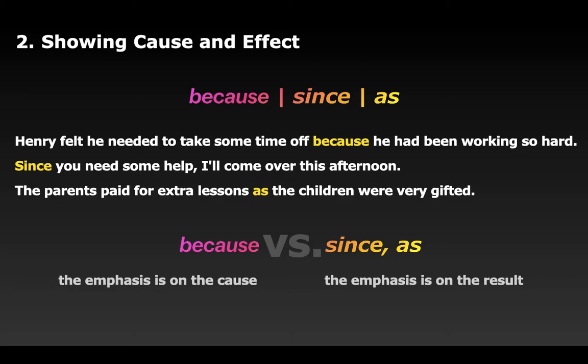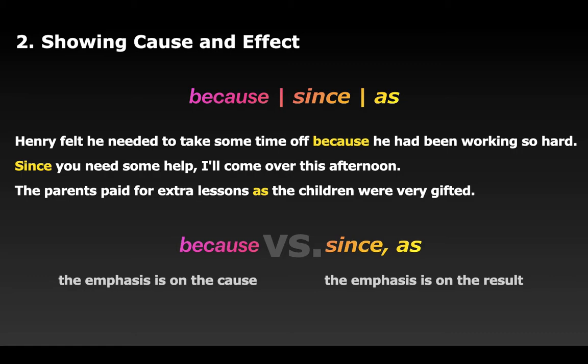Okay, this is in terms of meaning, huh? It's like, I'll come over this afternoon. That's the most important thing I'm telling you right now. And then you mention the reason in passing. Since you need some help, I'll come over this afternoon. But the most important thing you want to say is that I'll come over this afternoon. The parents paid for extra lessons.